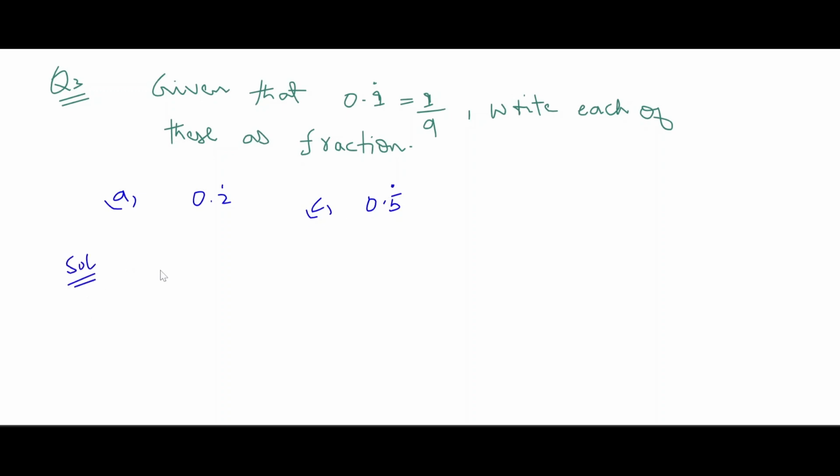Solution of part A: 0.2 with the dot above, we can write it as 2 into 0.1 with the dot, so it's 2 into 1 by 9, which is 2 by 9.